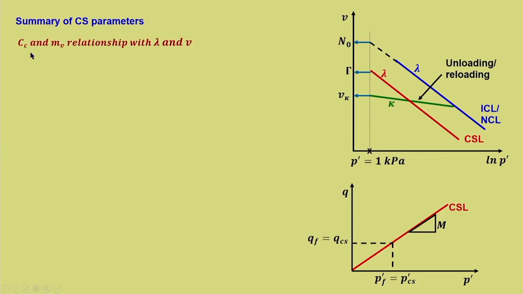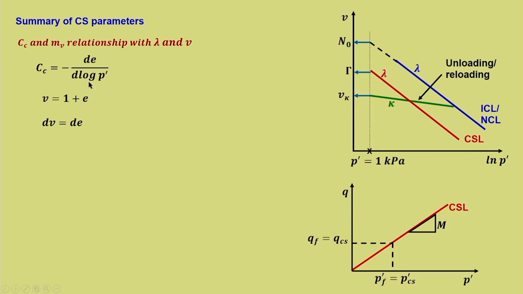We also need to understand the relationship of Cc and Mv with lambda and V, because we need to cross compute these as and when required. We know that Cc is equal to minus dE upon d log P dash from our initial definition of Cc, and that corresponds to the normally consolidated portion. V is equal to 1 plus E, so dV is equal to dE.